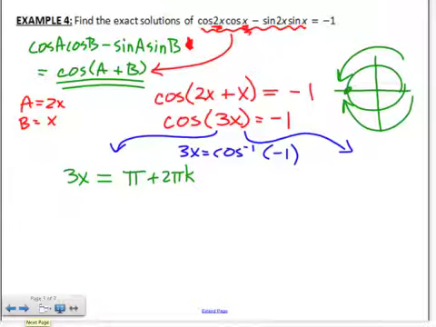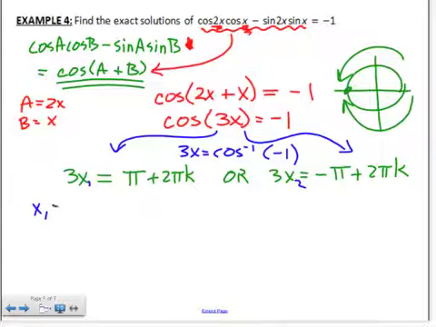Okay, I can get there this way, and I can also get there that way. So my other solution is negative pi plus 2 pi k. Now, frankly, I would actually have just done 3x equals plus or minus pi plus 2 pi k, but we'll go ahead like this. Oh, we have to divide by 3. So here's my x1, here's my x2, so x1 equals 1/3 of this entire mess.